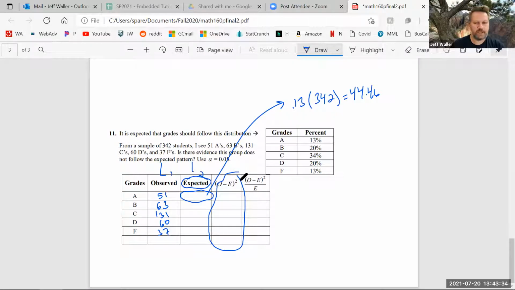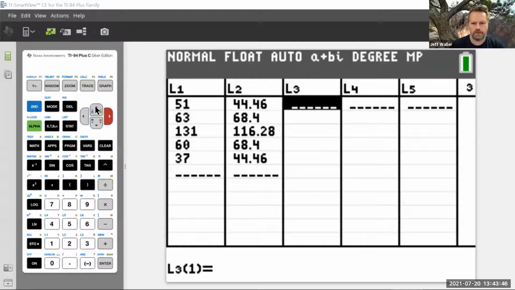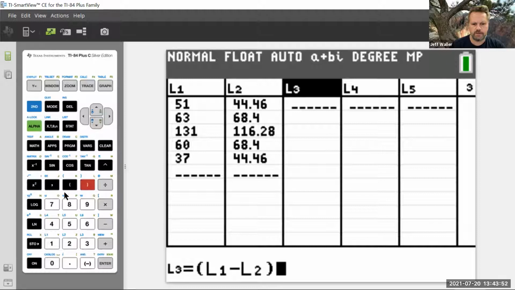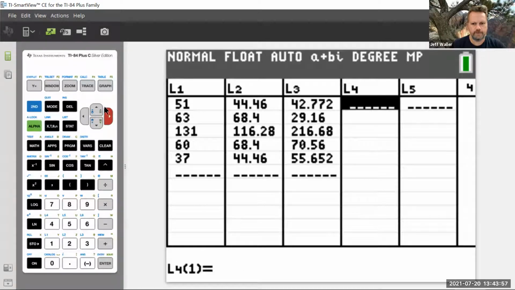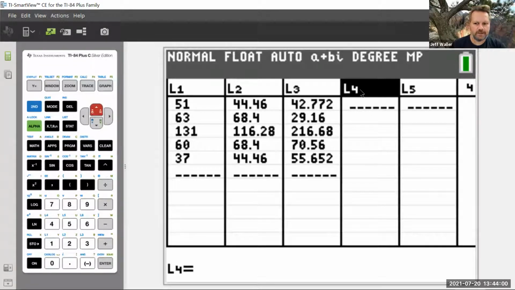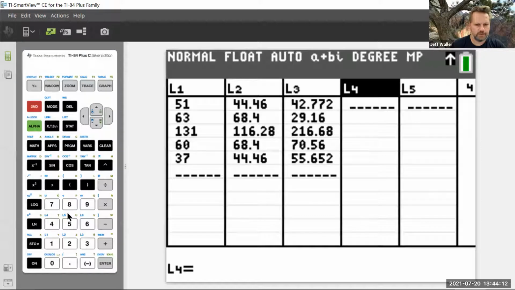So I want L3 to be parentheses L1 minus L2 squared. Bam! And then I want this one to be L3 divided by the expected, which is L2, right? Are you guys okay out there? Again, you don't have to do all this if you don't want to. You can do it the other way.